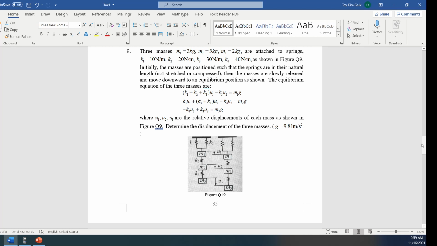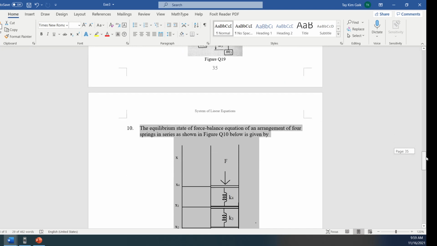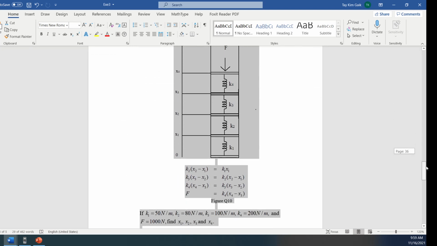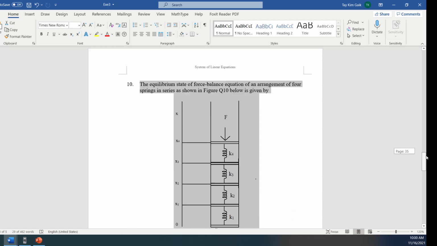This one is in nice form already, your U1, U2, U3. They already collected the coefficients for U1, U2, U3, so not like this one, where you have to collect back yourself the coefficients in terms of x1, x2, x3, x4.